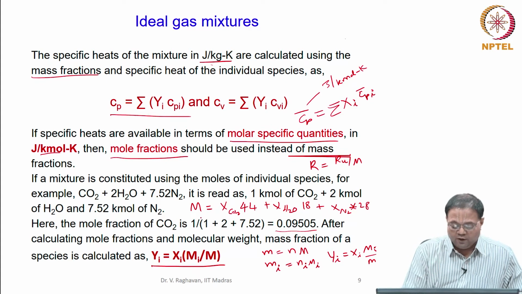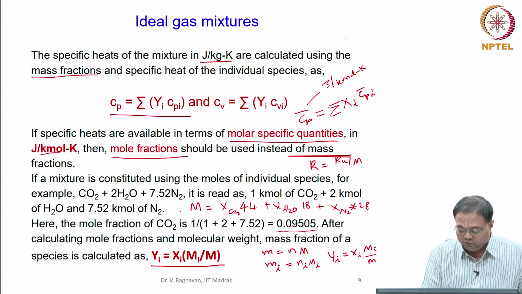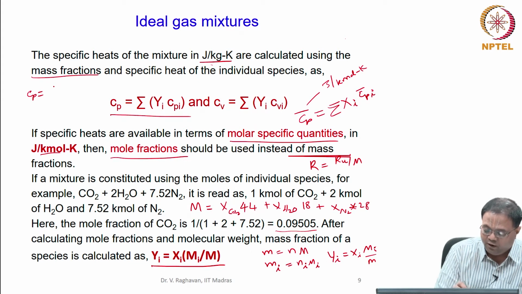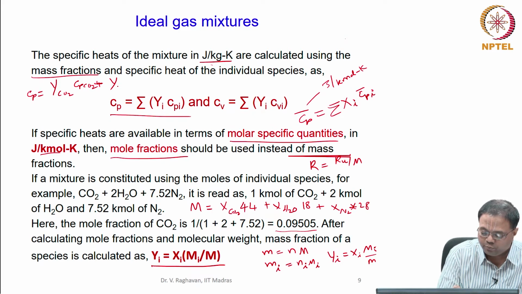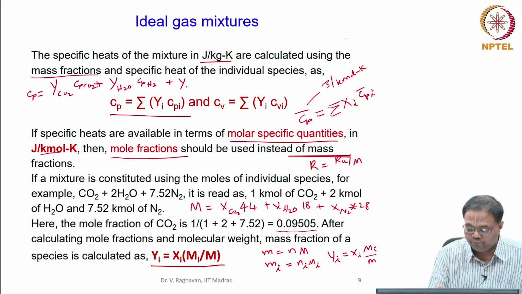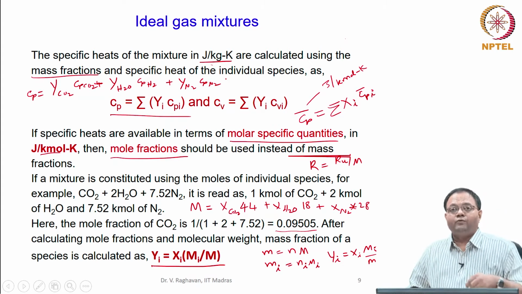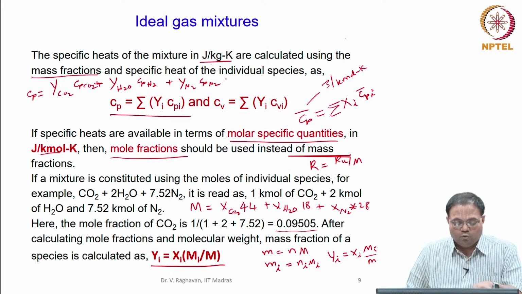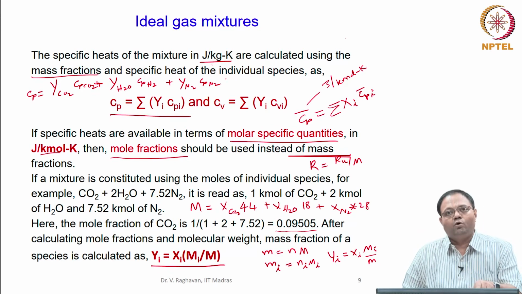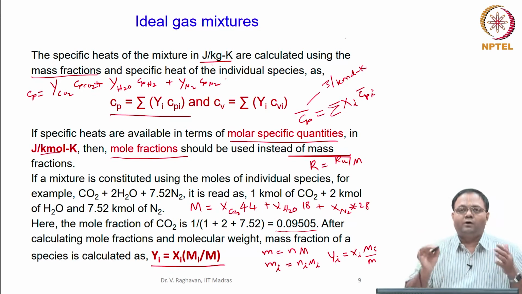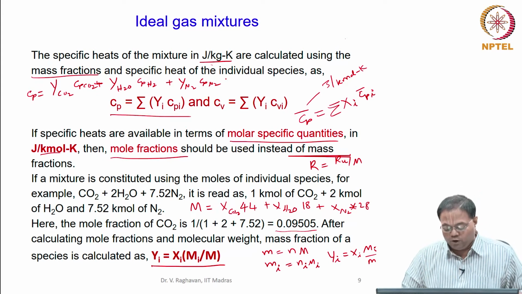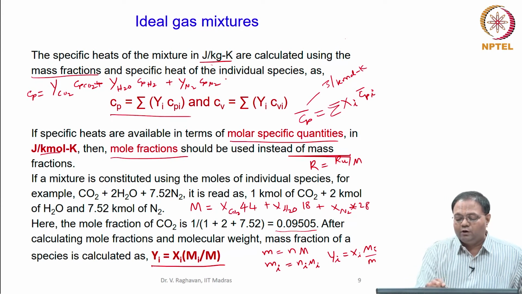For this mixture you can write Cp like this. If you have molar basis Cp, then you have to replace the mass fraction by the mole fraction and put an overhead bar to indicate that it is a molar based quantity. So, this is the way you calculate all these properties.